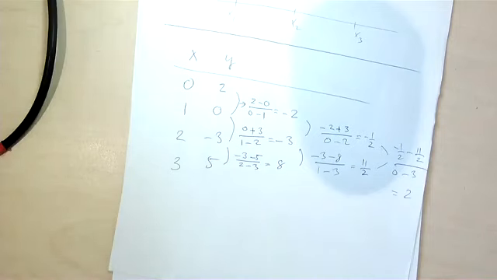Now the first term is a constant, and this one is x minus 0, and this one is x minus 0 times x minus 1, and then x minus 0, x minus 1, x minus 2. This is identical to the general formula, but you stop when you reach the last point.